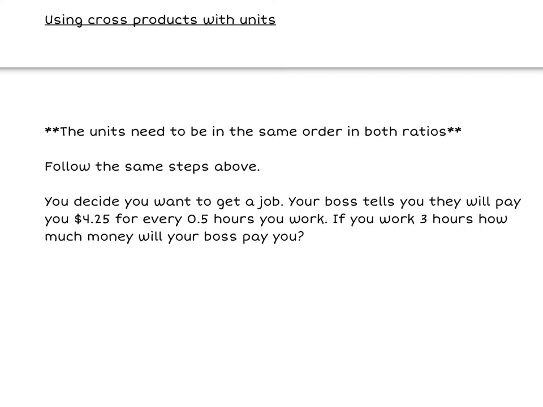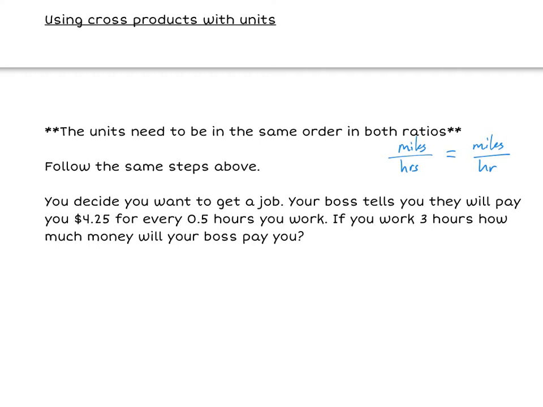What that means is, if you have, let's say, miles over hours in your first ratio, in your second ratio you have to have miles over hours. You have to keep them the same: miles both on the top, hours both on the bottom. If you want to put the hours both on top and the miles both on the bottom, that's fine, but they have to be in the same location for both ratios. Okay?